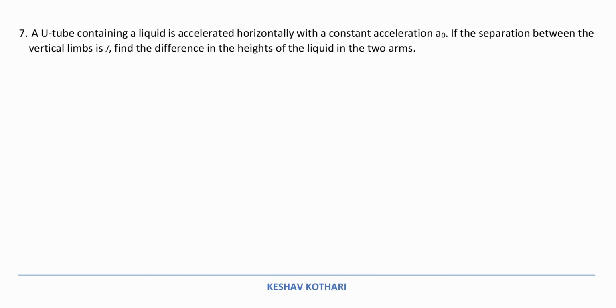In the next problem, it is stated that a U tube containing a liquid is accelerated horizontally with a constant acceleration a naught. If the separation between the vertical limbs is L, find the difference in the heights of the liquid in the two arms.